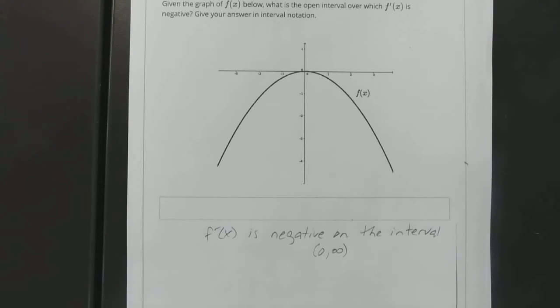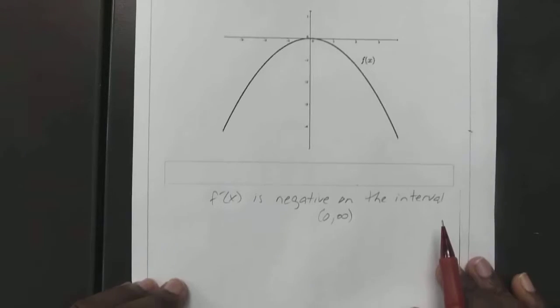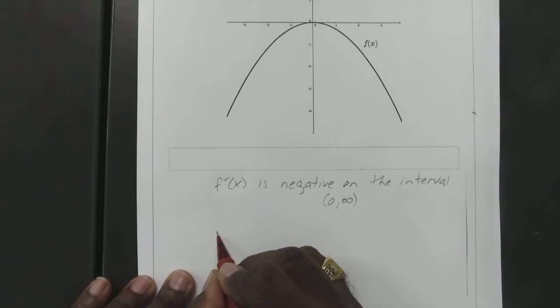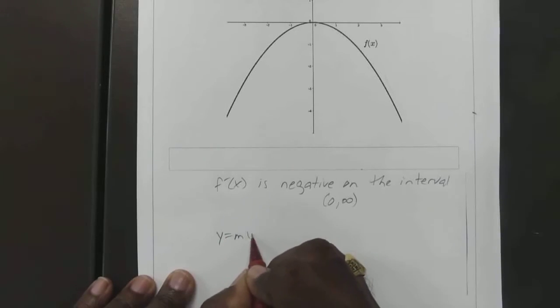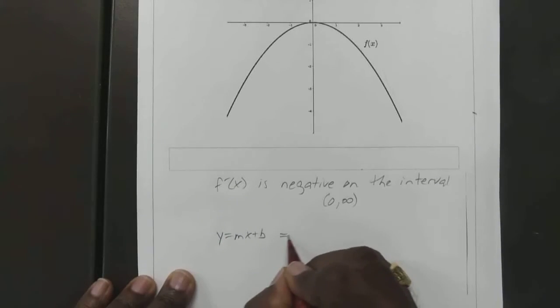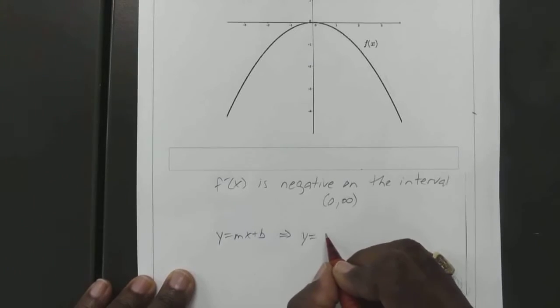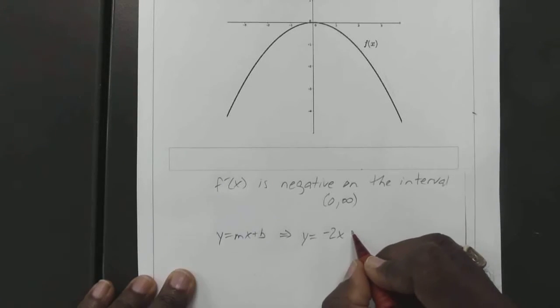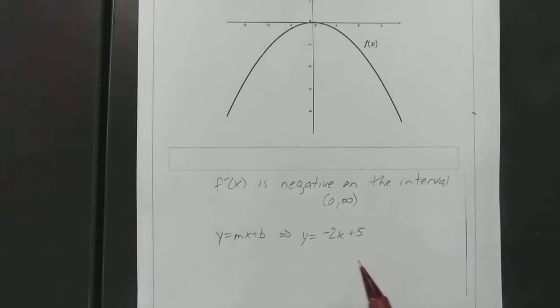It's like the linear formulas: if you have y equals mx plus b, say y equals negative 2x plus 5, since that slope is negative, the line is going down and to the right. This is the exact same thing. If it's going down and to the right, it's negative. If it's going up and to the right, it's positive.